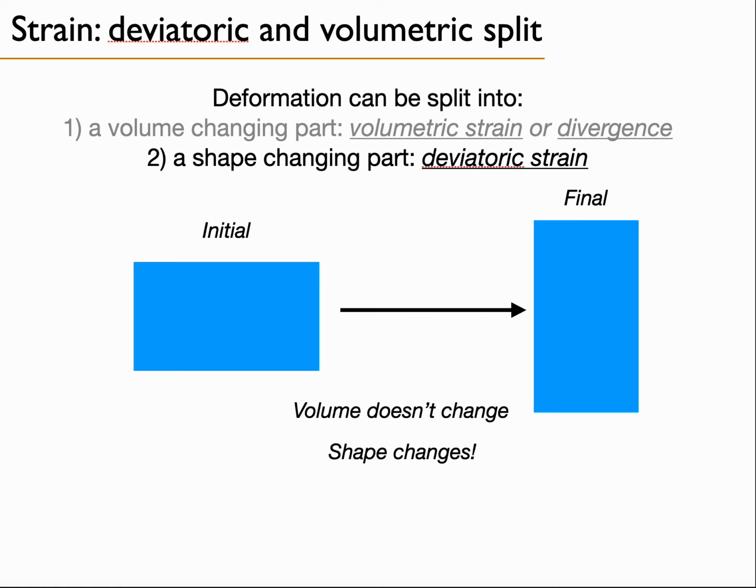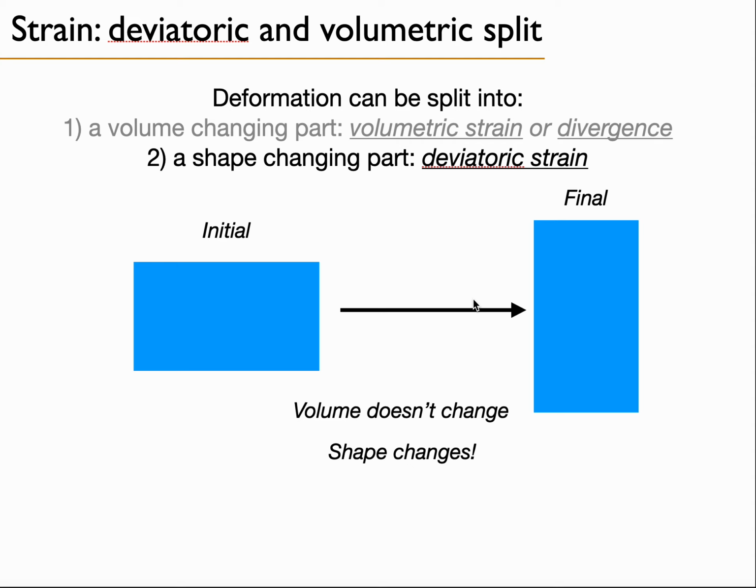The second type of deformation would be the change of shape. So now we start with a rectangle with a long axis, which is horizontal, and we compress it, and we obtain a rectangle which has a long axis, which is vertical now, and it has exactly the same volume.